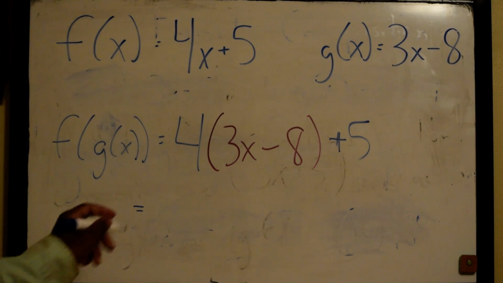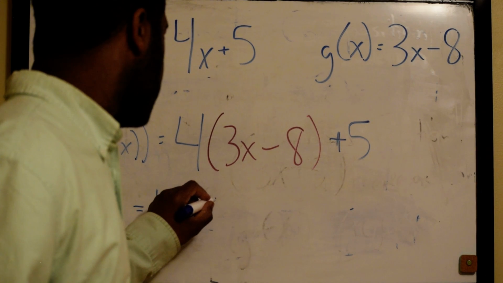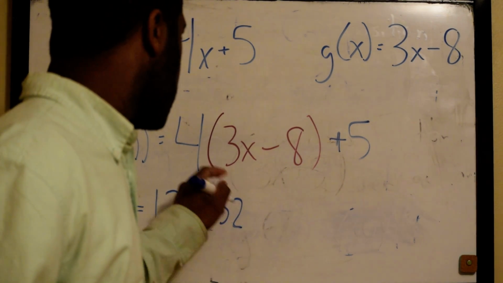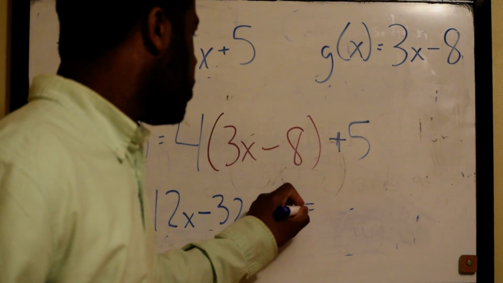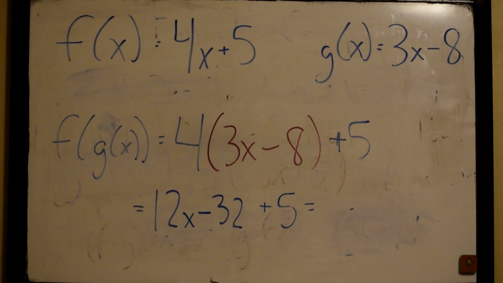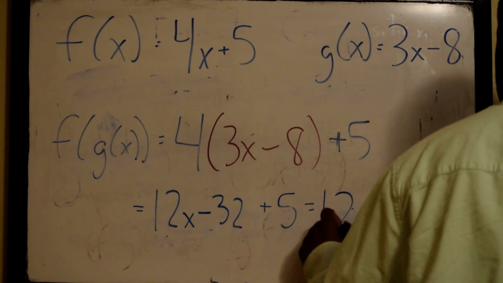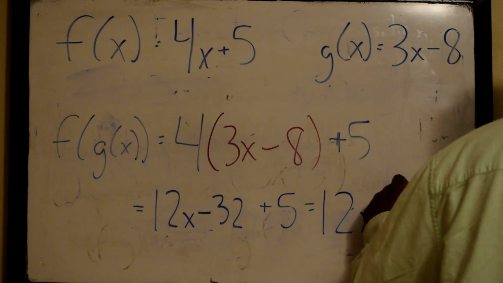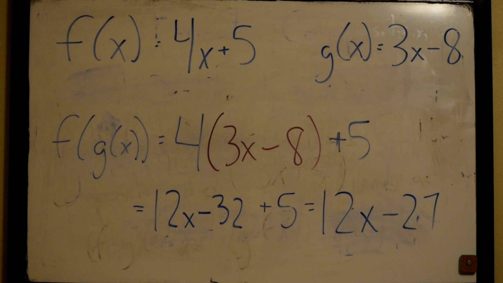Let's distribute: 12x minus 32. 4 times negative 8 is negative 32, plus 5. Like terms, we go through our rules, and that gives us 12x minus 27.